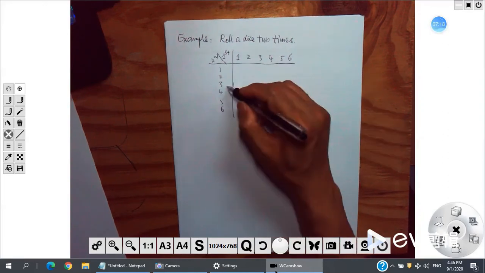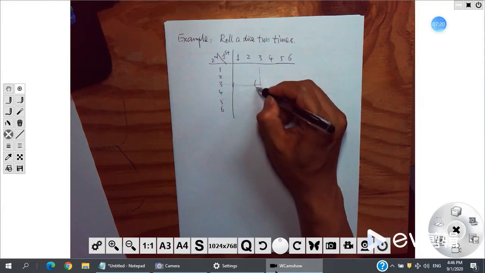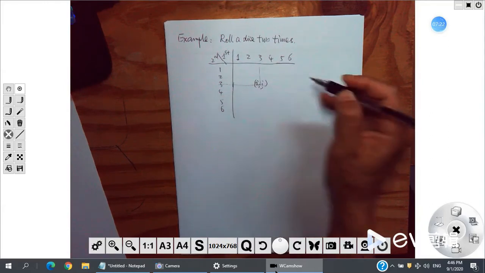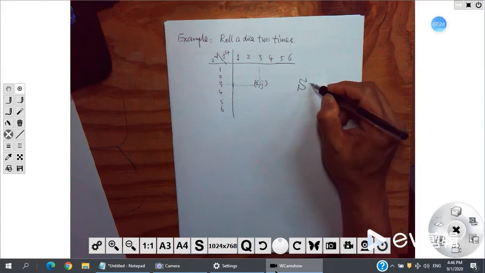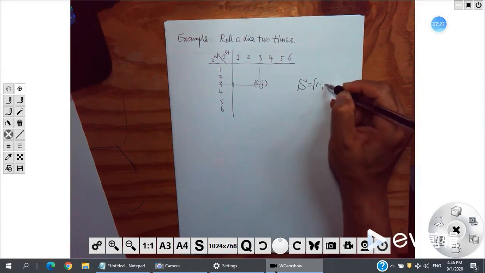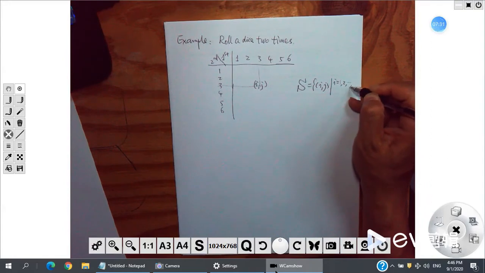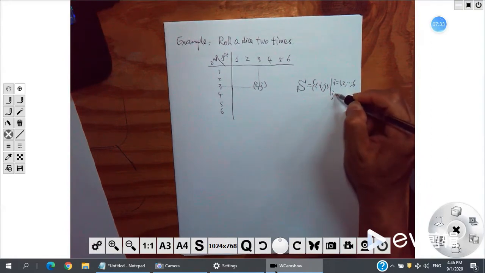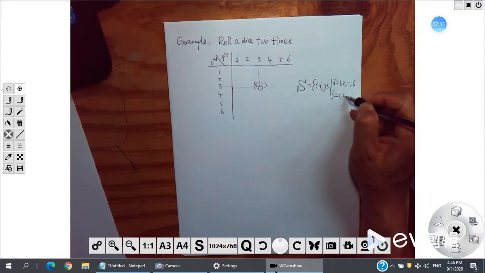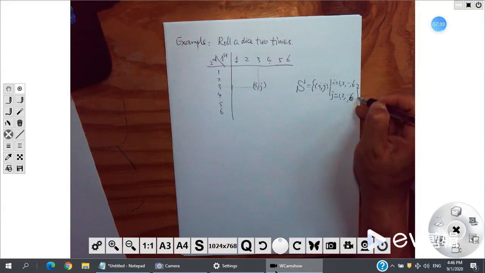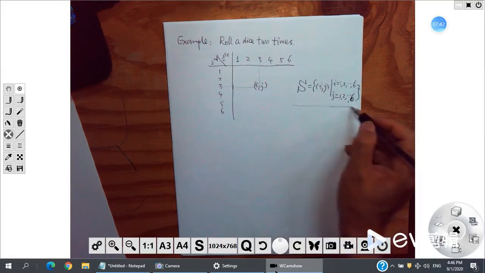And between them each one will be some (i, j), right? So the sample space equals all these (i, j), where i runs from 1, 2 until 6, and j also runs from 1, 2 until 6. So we have a sample space that looks like this.